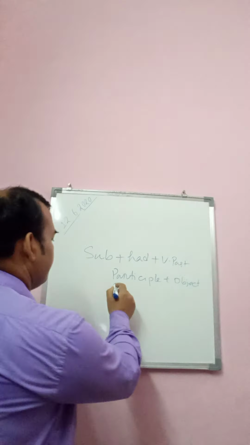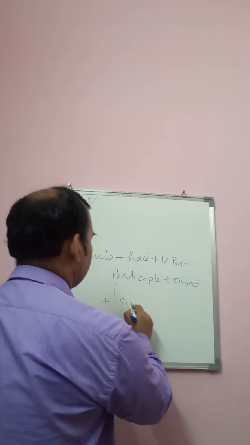We have to keep in mind that in past perfect tense, sometimes we find only this formula: subject, had, verb past participle plus object. And sometimes along with this structure we have to add the simple past tense, plus simple past tense.